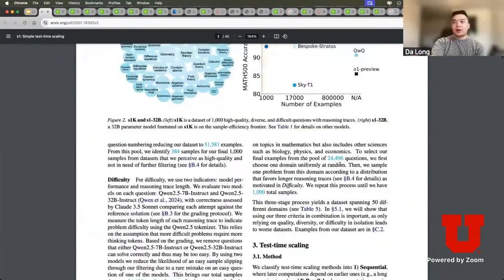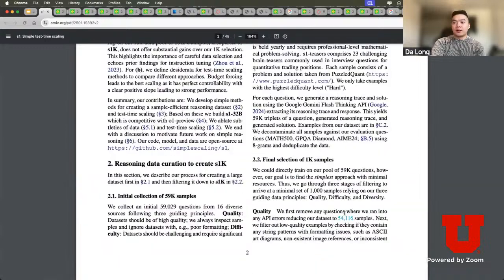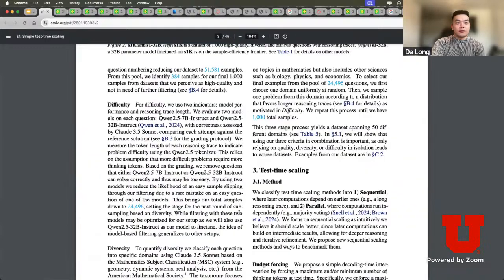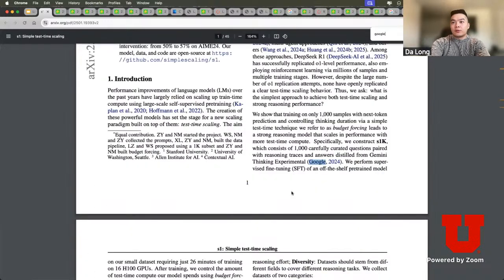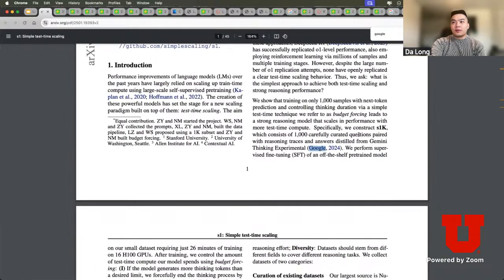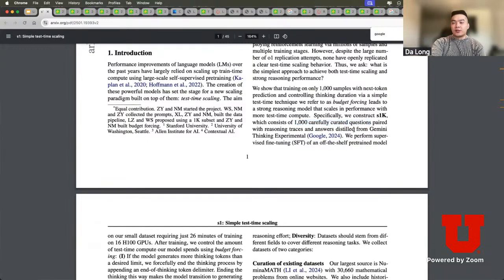They also introduce how they get the data. They call the dataset S1K, 1,000 questions paired with reasoning traces and answers. They distill this from Google's large language model.